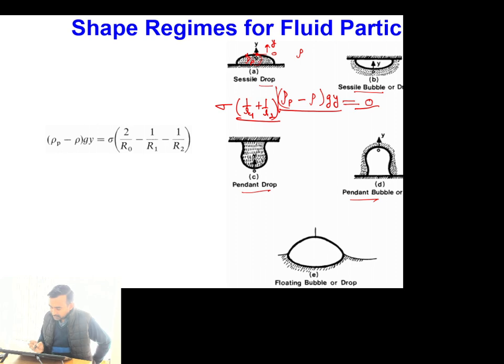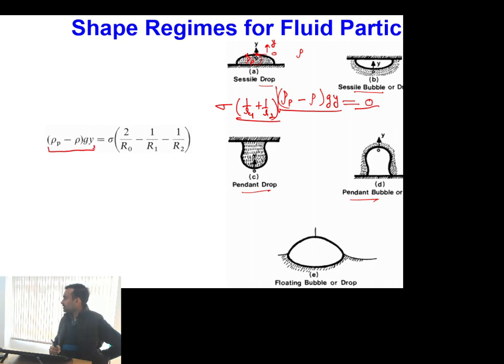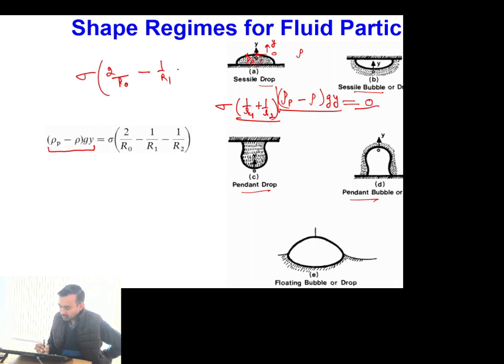Okay, that is the pressure because of the surface tension. But ultimately, we have to balance this pressure with the hydrostatic pressure, and corresponding to this point, the pressure because of the surface tension should also be balanced in such a way that its value comes out to be equal to 0. Okay, so that's why whenever I balance this hydrostatic pressure variation, I will write 2 sigma by R0 minus 1 by R1 minus 1 by R2.